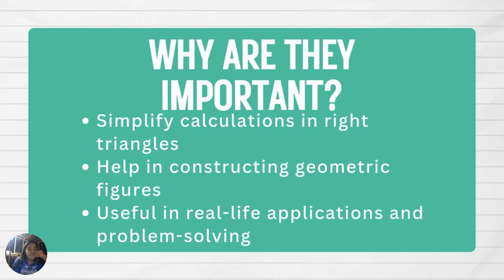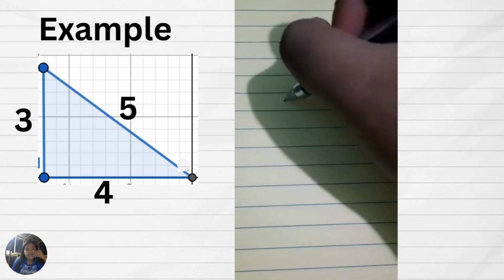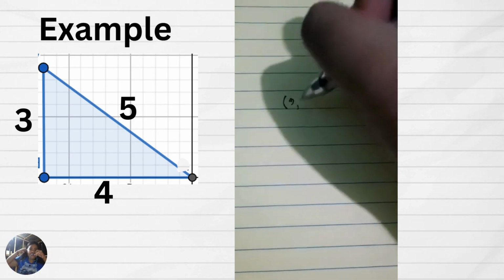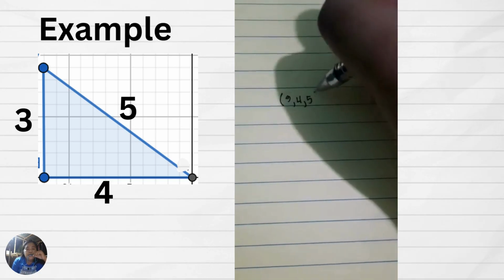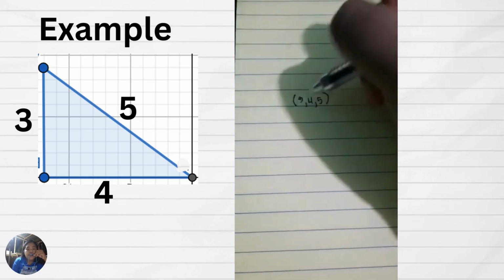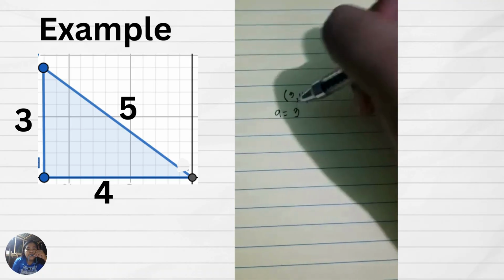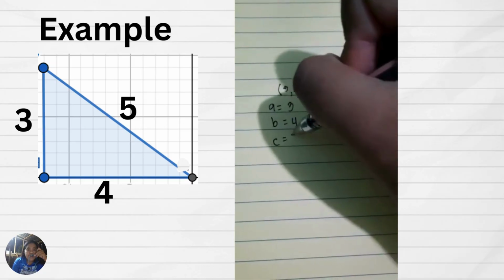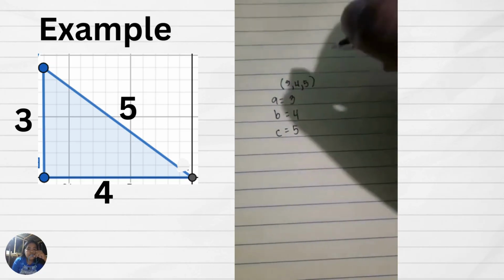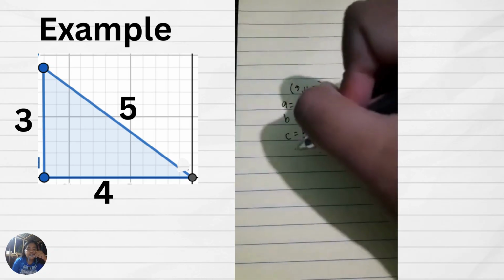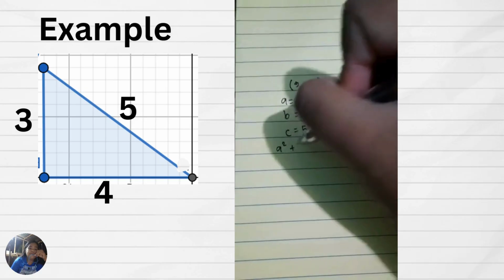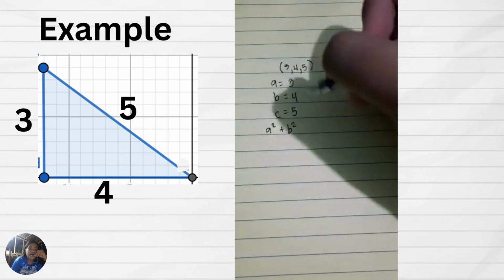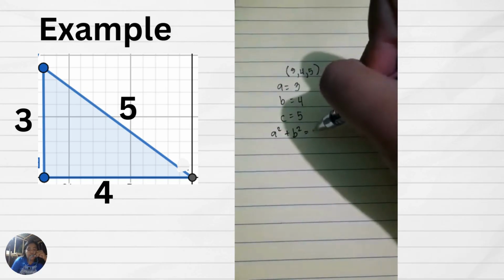So now let's move on to our first example, which is the 3, 4, 5 triple. So here we have a as 3, 4 as b, and 5 as our c. So we need to prove that these triples satisfy a squared plus b squared is equal to c squared.